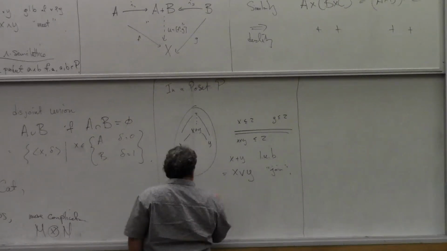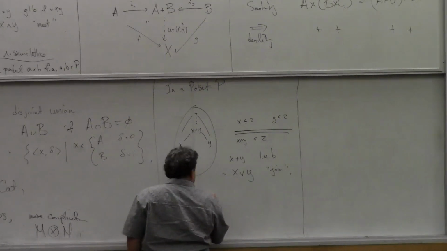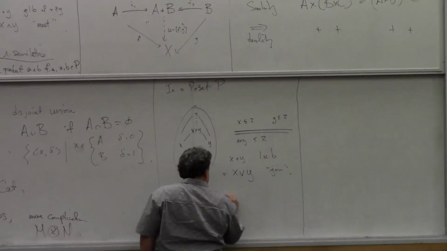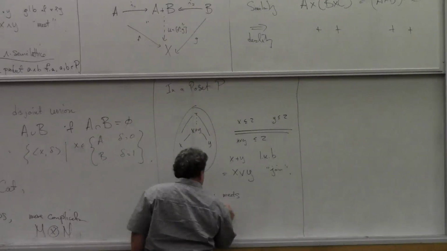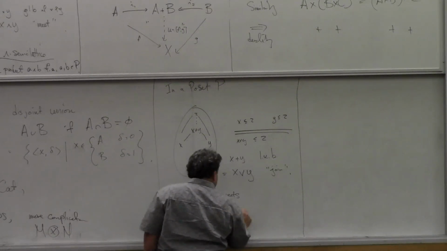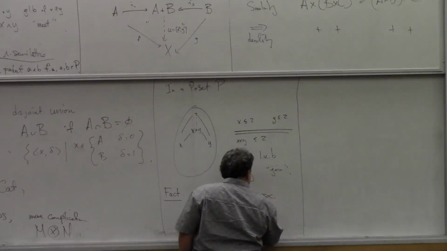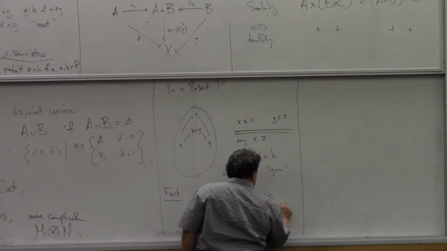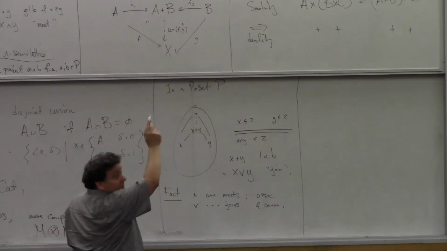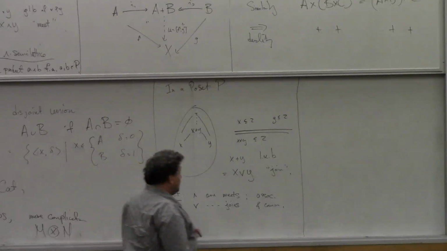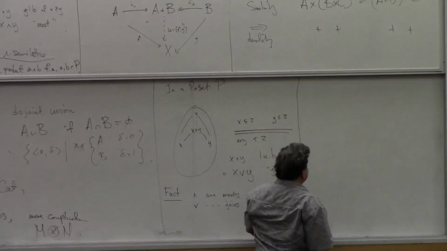So I already said over here, the products, if they exist, are meets in the sense of a meet semilattice, and the coproducts, if they exist, are joins in the sense of a join semilattice. That means they're associative and commutative. But I guess we already showed that, up here. So that's the exercise that I gave you before to check that those things hold. We just checked it right there.